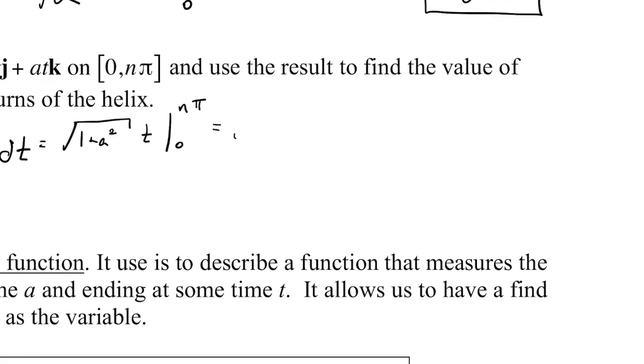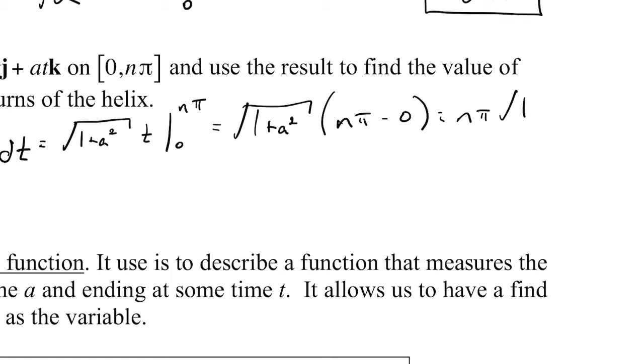That would give us the square root of 1 plus a squared. Plugging in the boundaries for t would give us n pi minus 0. So then our answer here is n pi, square root of 1 plus a squared.